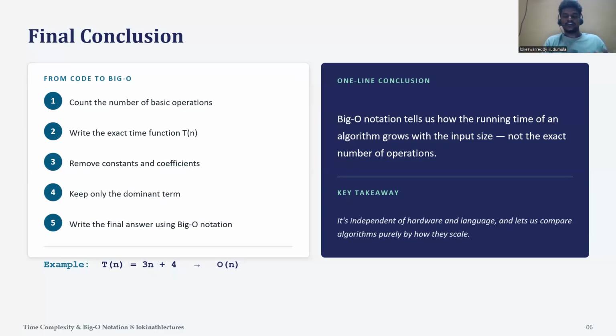Grows means how it behaves when the input size is larger or smaller. So the growth rate of an algorithm is explained by the big O of n value, not the exact count of operations. Okay.